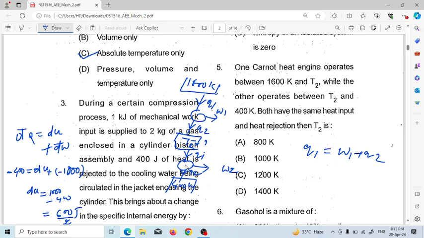For the second engine, Q1 is equal to W2 plus Q2. So these equations are the same when W1 is equal to W2. So we can get W1 is equal to W2.